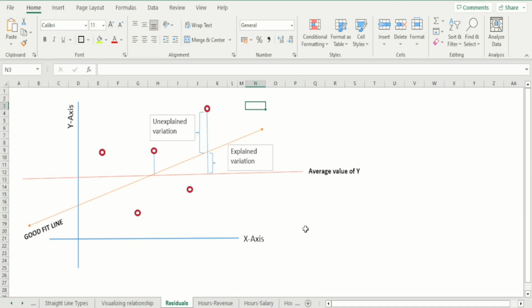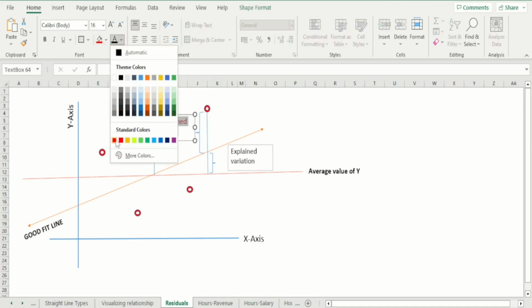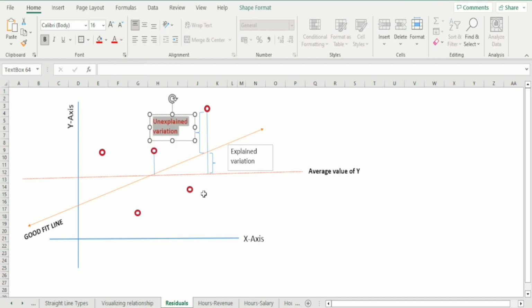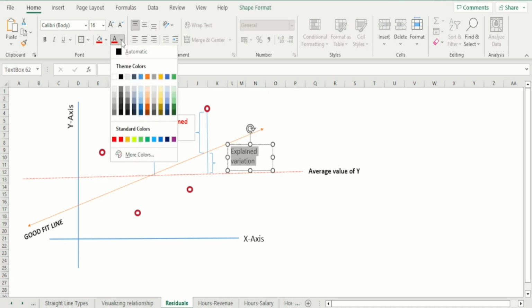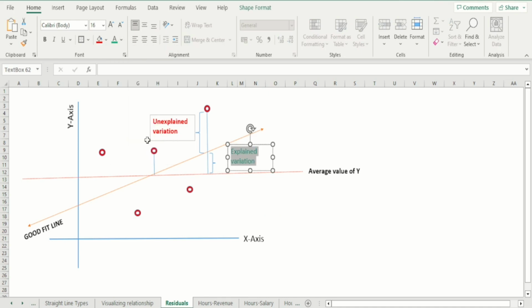We want to get to a mathematical formulation where given a value of x, you're able to then estimate or predict or forecast a value of y. So the lesser the unexplained variation, I will just mark this in a different colored font. This is undesirable for us, the unexplained variation, and the explained variation is good for us. So the higher the explained variation, the better it is. The lower the unexplained variation, the better it is.